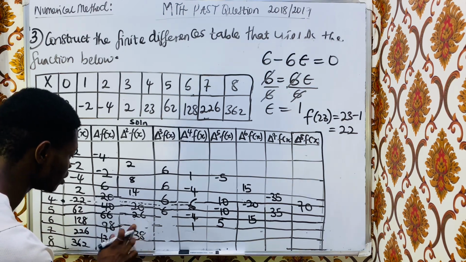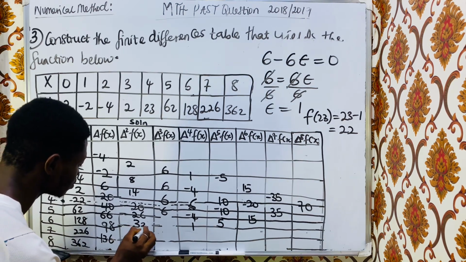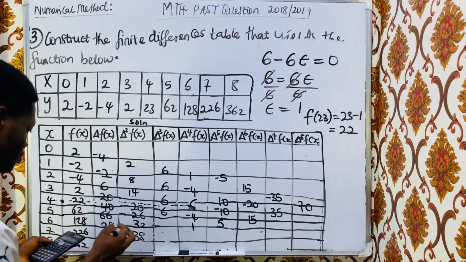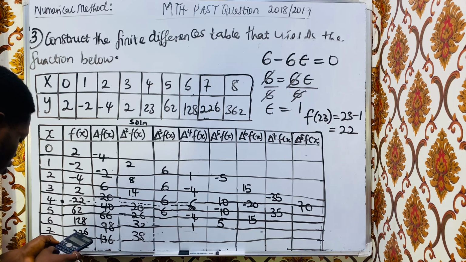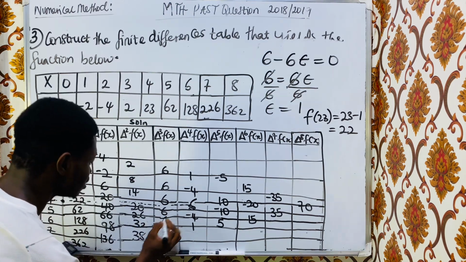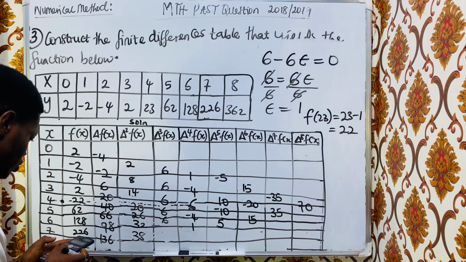So here it's supposed to be 32. This is the only place it will affect. So 32 minus 26 will give me 6. So here is 6. 38 minus 32 will give me 6.